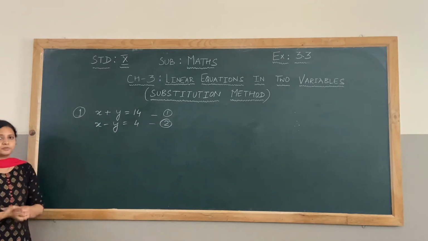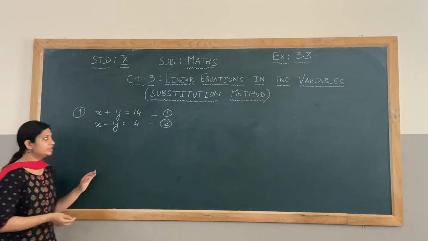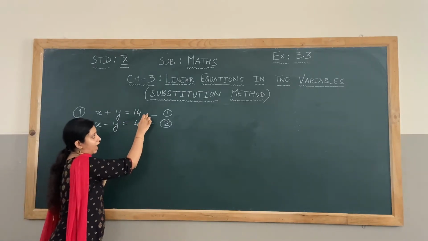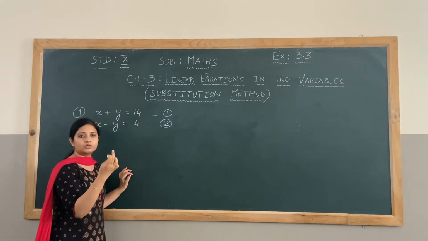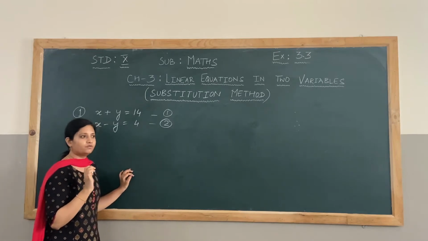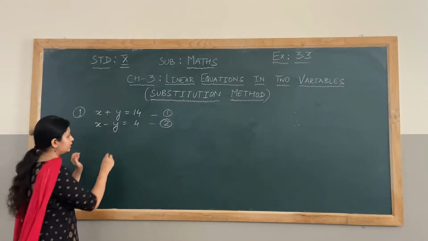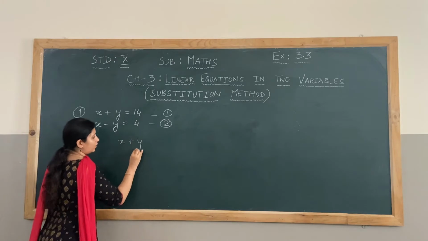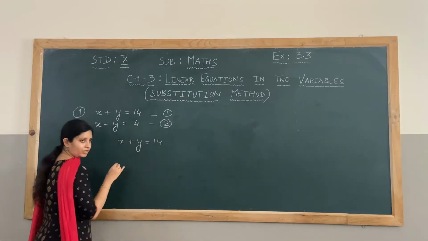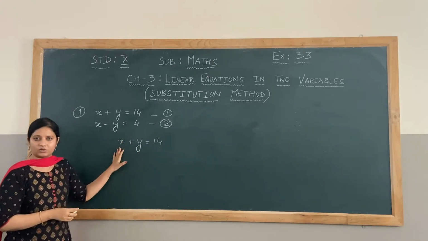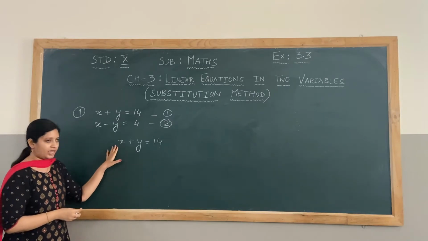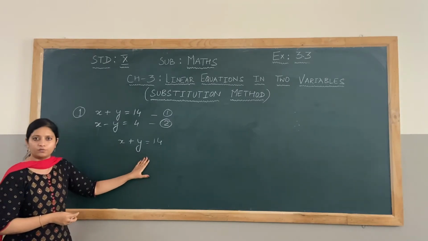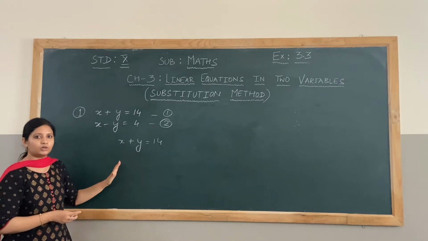Now, in the substitution method, what you need to do is convert either of the equations in terms of one variable. For example, the first equation is x plus y is equal to 14. I can write this equation either in terms of x or in terms of y. You can go with either of them.